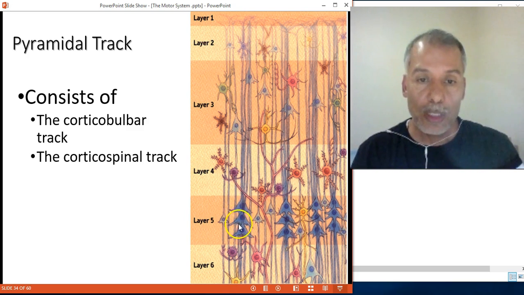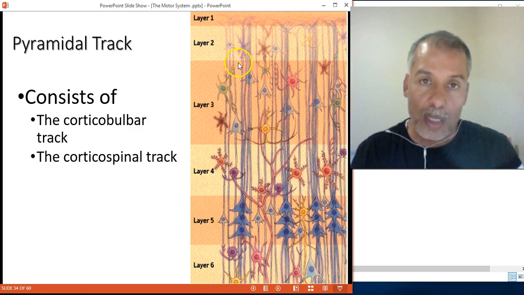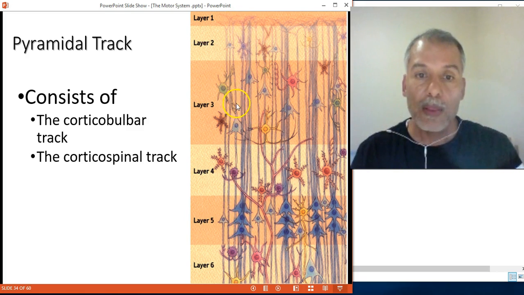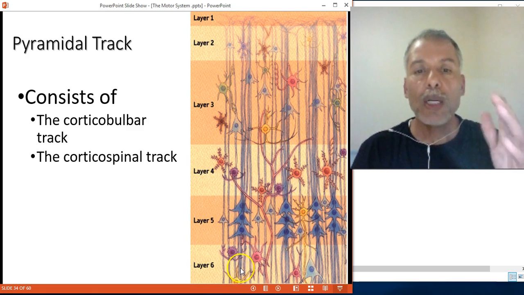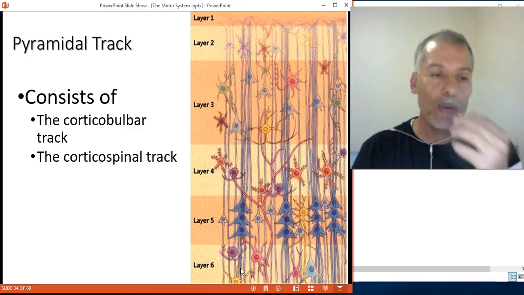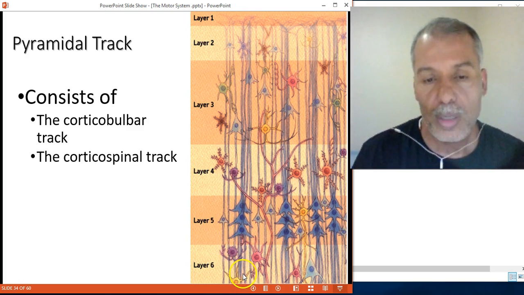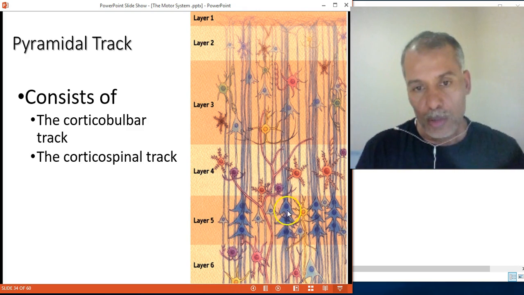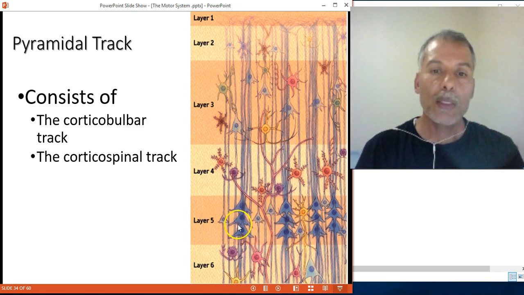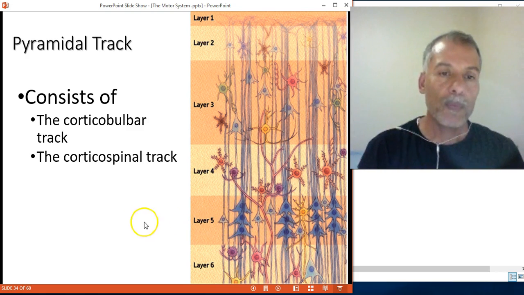As you can see, their dendrites extend way to the very top, and then the axons go way down, and like I mentioned, some of them shoot right down until they reach the big toes. So these are the pyramidal cells, and this is why they call them pyramidal.